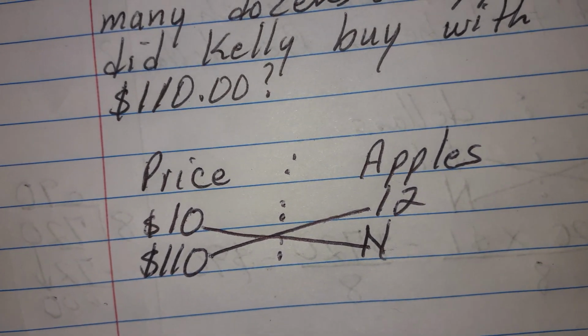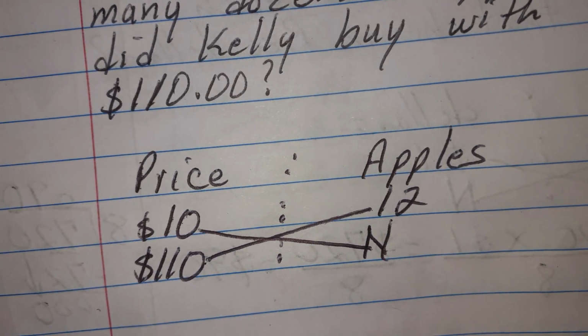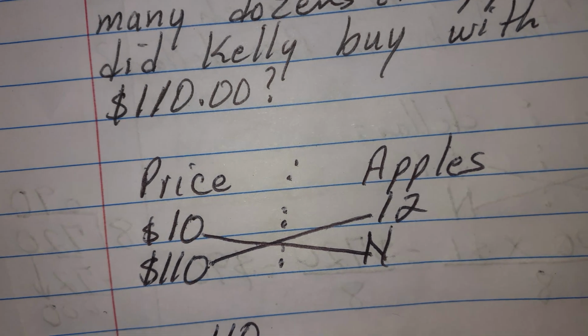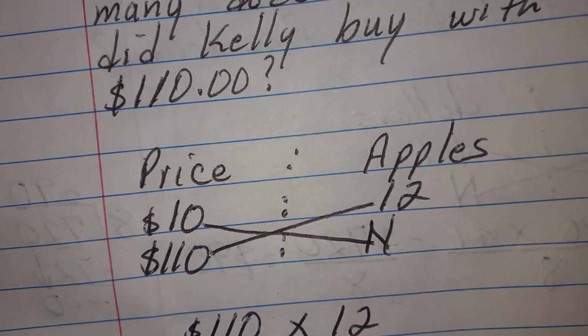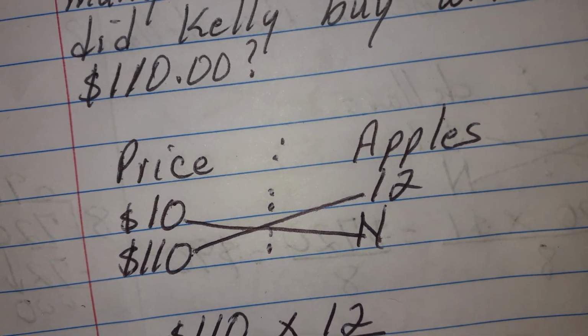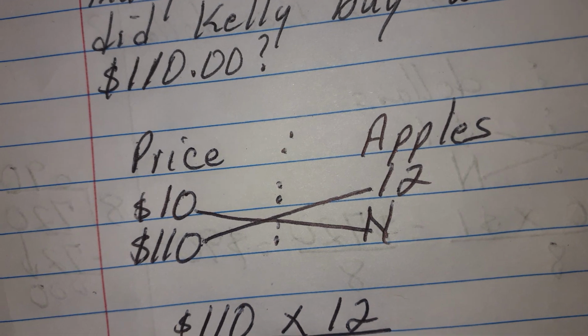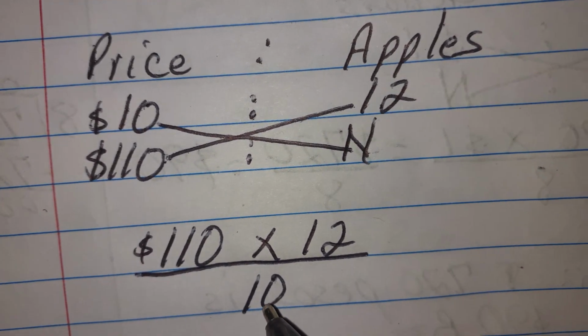All right. So the two numbers that match are $110 times 12 divided by the number that matches the letter. Okay. Now here, I can do it two ways.